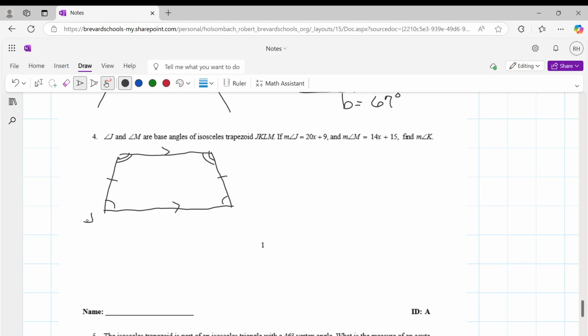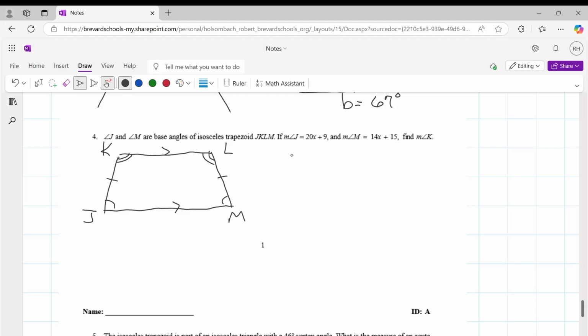So I'm going to label this J and this M. If J is equal to 20x plus 9 and M is equal to 14x plus 15, find the measure of angle K. All right, so we've got angle J, angle M. So the two vertices left are L and K. So what we've got to do here is we got to solve for x first. We've got to substitute it so that we can find angle K.